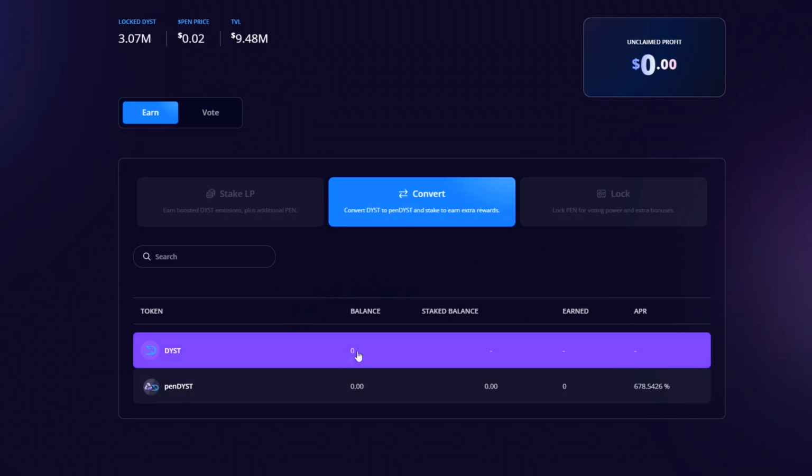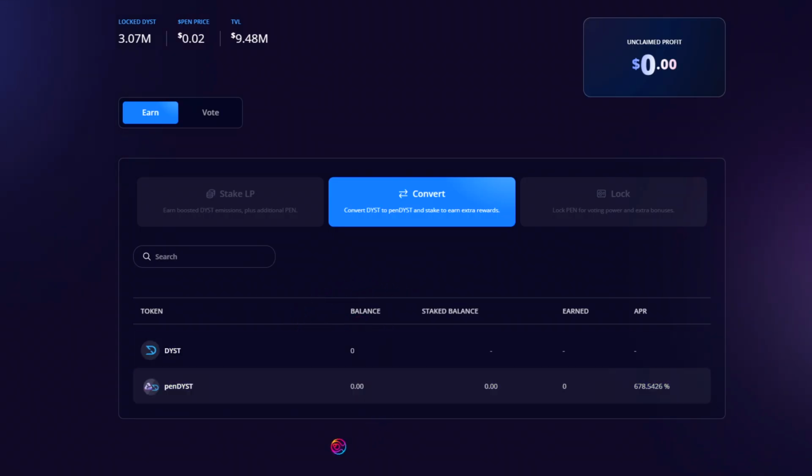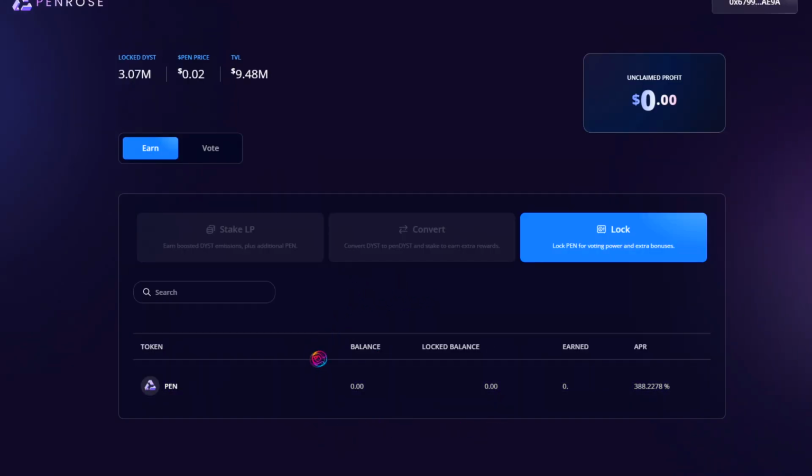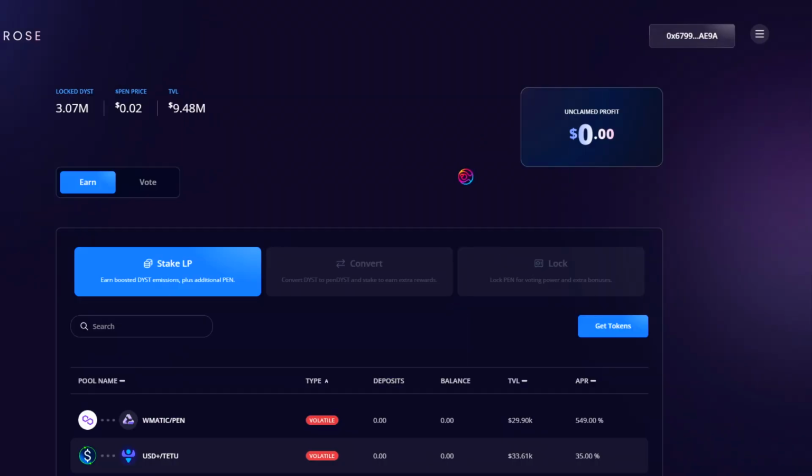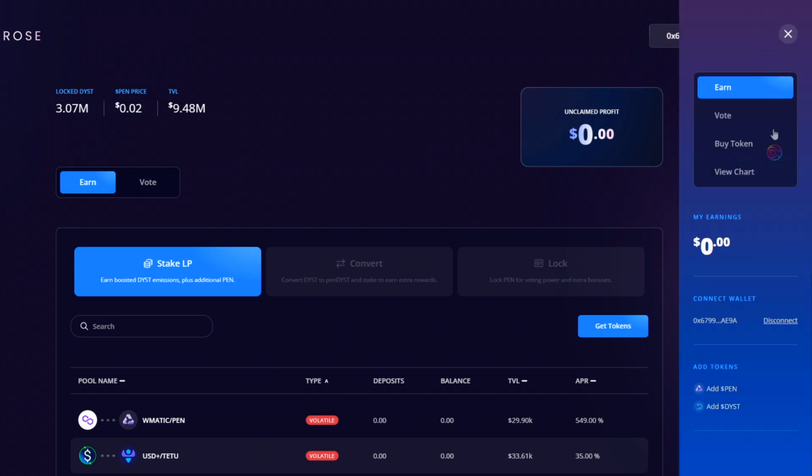To view your DYST balance, unstaked penDYST balance, and staked penDYST balance, go to the Convert tab, where you will see all of these balances. The same is true for your PEN and vote-locked PEN balances in the Lock tab. Cumulatively, all unclaimed profit from all positions is readily visible at the top right of the dashboard and in the top right menu.